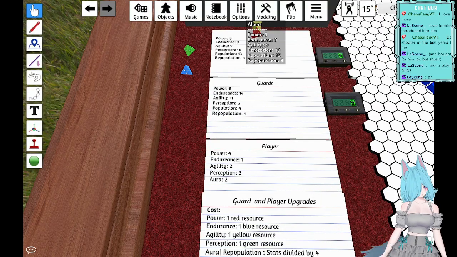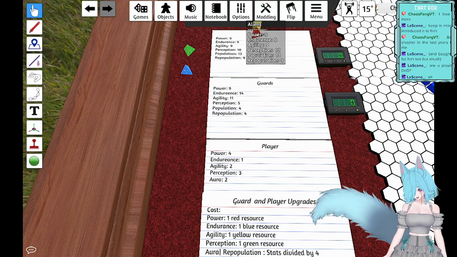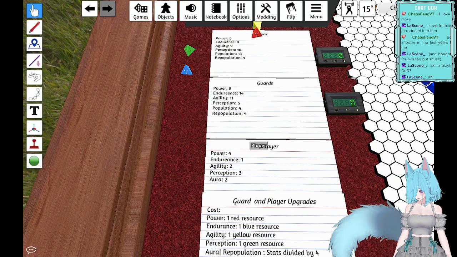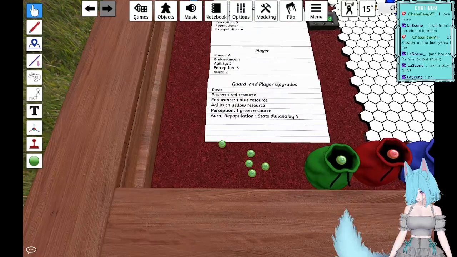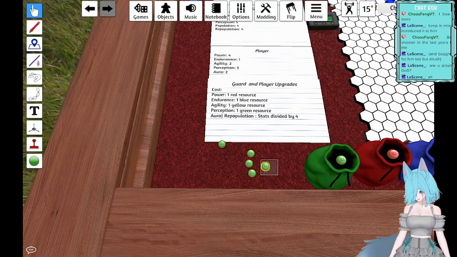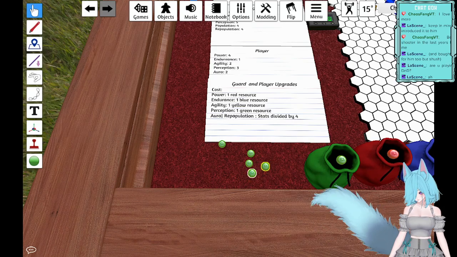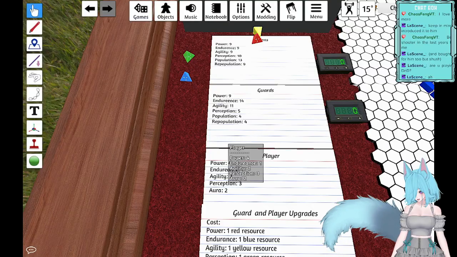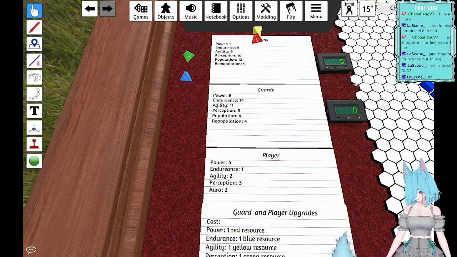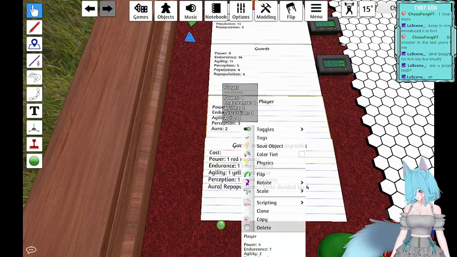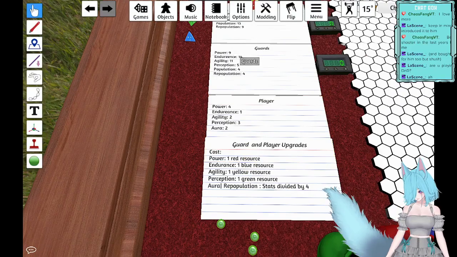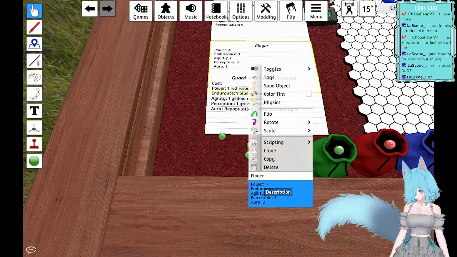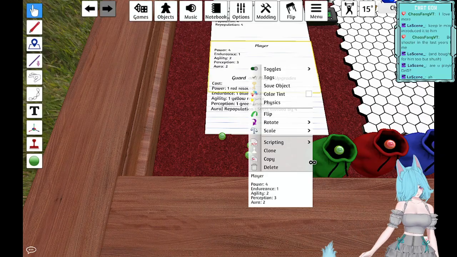We don't want 4 guards in town. So, I say we're using 2 of the green resource for ourselves. Giving us, yet again, more perception, giving us 5 perception. This is gonna give us a lot of resource when scavenging.